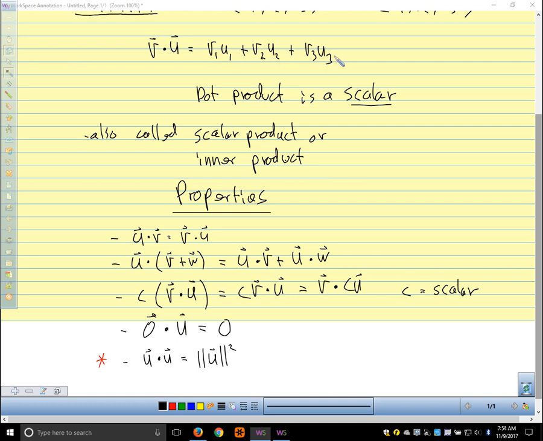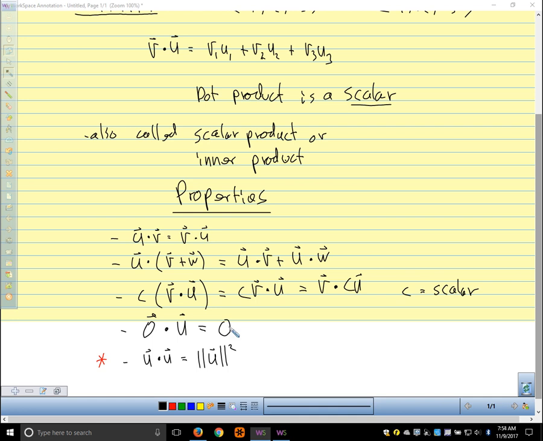So U1 squared, U2 squared, U3 squared, which is the square of the magnitude. This comes up a lot when we're coming up with equations that have to do with vectors, and we want to simplify them. Is that a zero vector? Nope. This is a zero vector. This is a zero scalar, because the result of a dot product is always a scalar. All right, are we good with the properties?